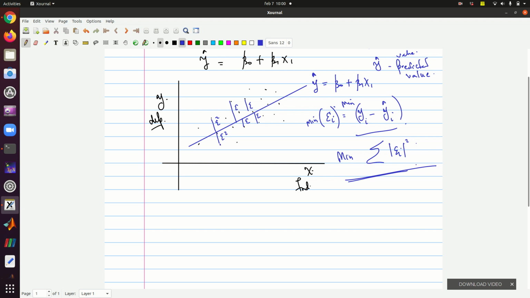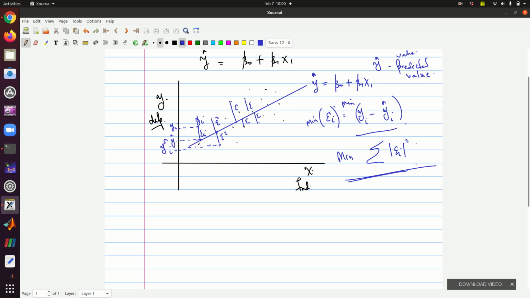For instance, for this particular epsilon i, this is yi and this is the y hat. If it is maybe this one which is down here, this is the observed, and then the predicted is up.